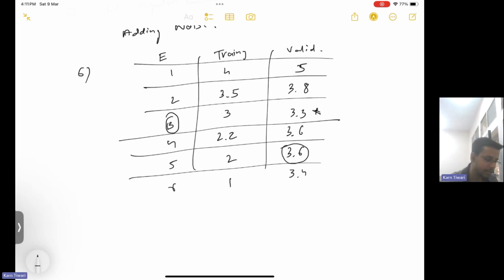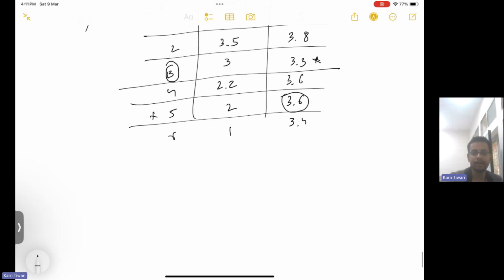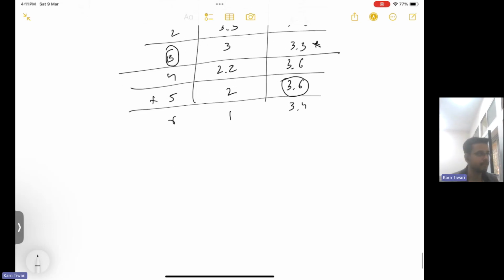So whatever was the sweet spot, plus 2, that is 5, is the answer. That's what the patience parameter does. After that, the validation error is not decreasing at all; it's increasing. So the answer is 5.